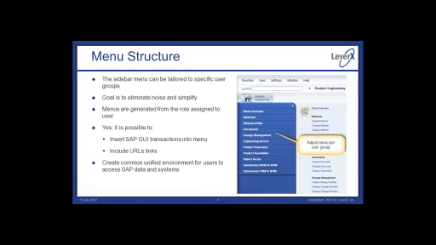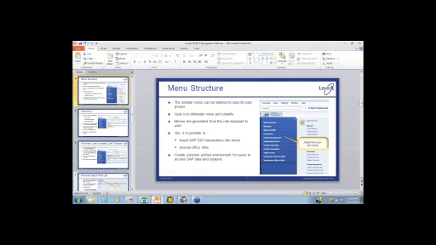By systems, I mean external systems outside of SAP, URL links to external points. So it can become a common unified environment for groups of users to work in, where they can get to the SAP data, SAP transactions, external systems, and external URL links. Okay, so let's take a look at that in the system.